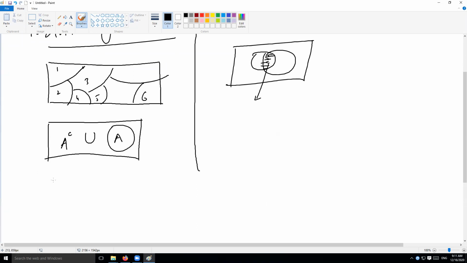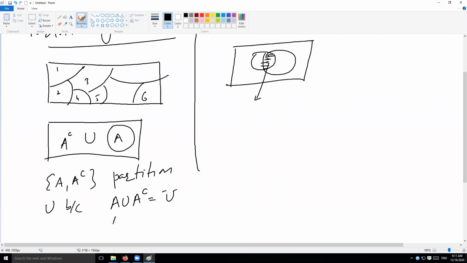So I can say that this A and A complement partition U, because if you put both parts together, you get the entire set U, and there is nothing common in both.